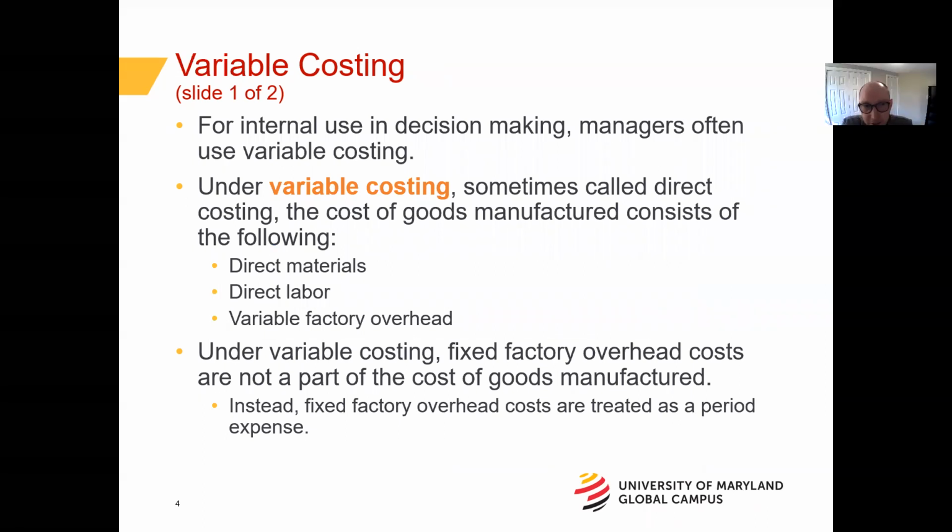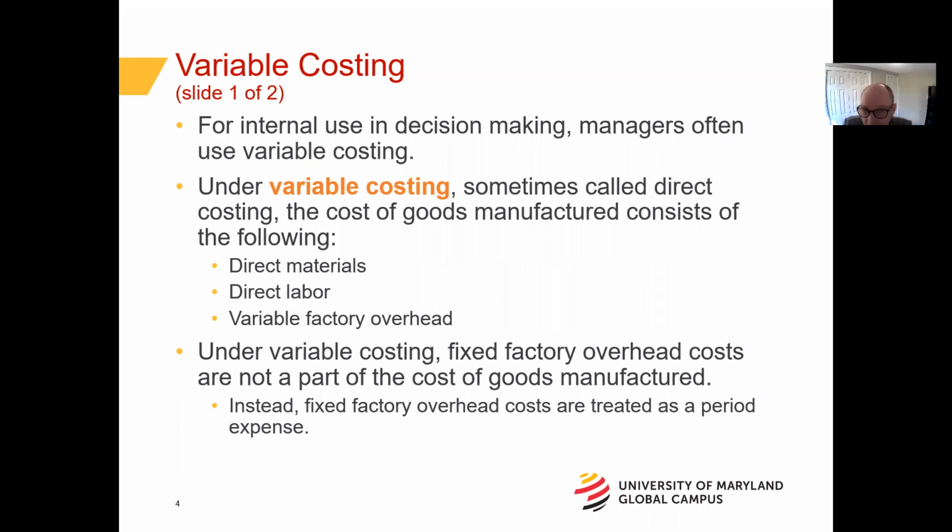We've talked about this concept before, and I want to reiterate what a variable cost is. Variable cost, also known as direct cost, is the cost of goods manufactured. It's direct materials, direct labor, and variable factory overhead. It does not include fixed factory overhead.